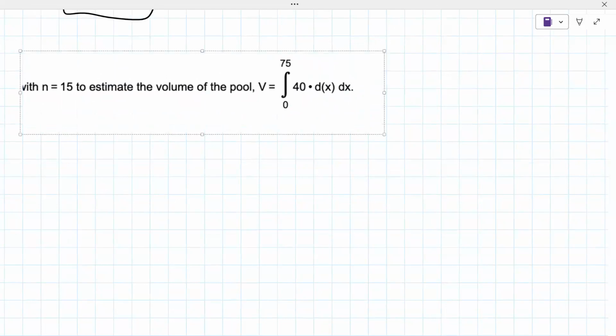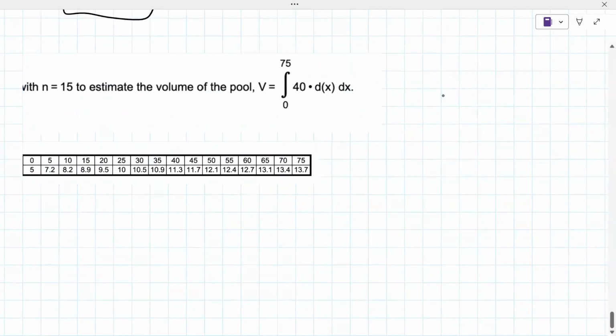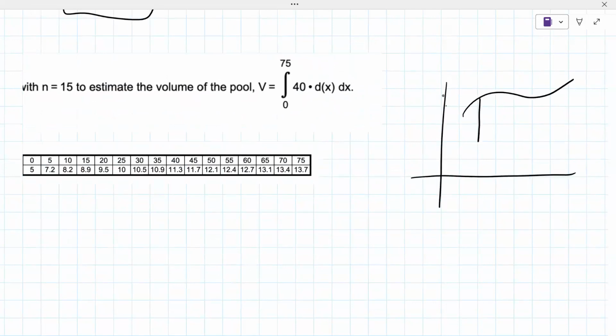The way this works is, when you're finding the area under the curve using the trapezoid rule, you draw this trapezoid here, which may not look like a traditional trapezoid, but trapezoids have one set of parallel sides.